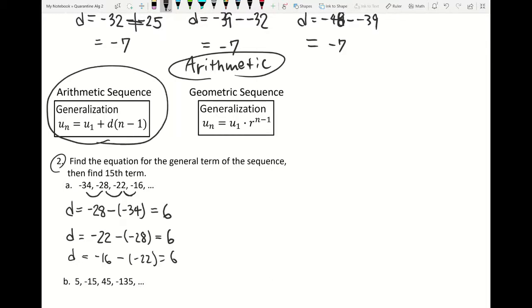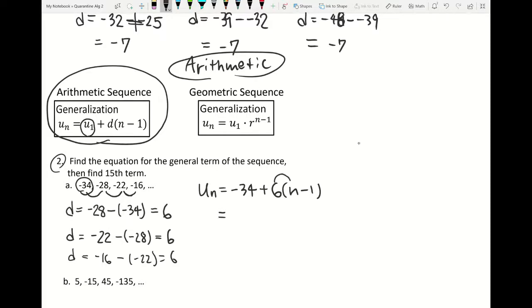So now to go a little bit further, to generalize, now we can write down the equation. U sub n equals U sub 1, that's first term, and the first term is negative 34. Negative 34, and then plus d, d is this 6, parentheses, n minus 1. And I believe all the answers are in simplified version.